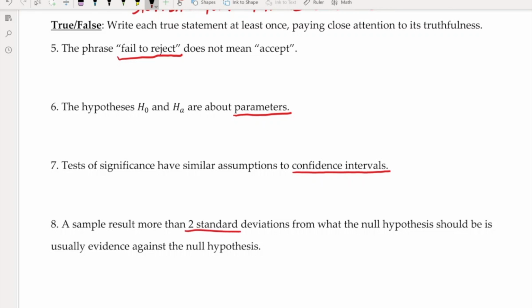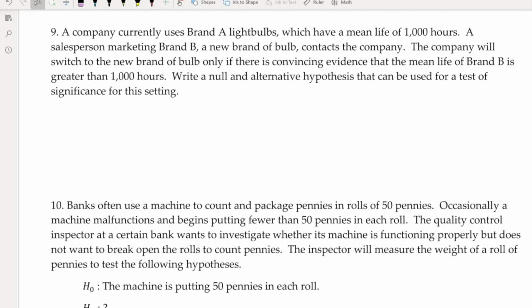It's 2 standard deviations. A company currently uses brand A light bulbs, which have a mean life of 1,000 hours. A salesperson marketing brand B, a new brand of bulb, contacts the company. The company will switch to the new brand of bulb only if there's convincing evidence that the mean life of brand B is greater than 1,000 hours. Write a null and alternative hypothesis that can be used for a test of significance for this setting.